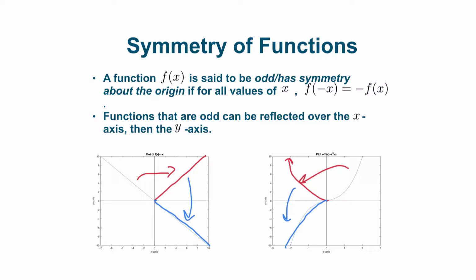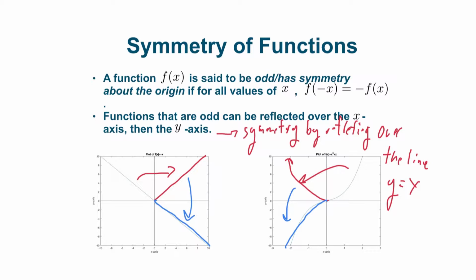Another way to think of this type of symmetry is symmetry by reflecting over the line y equals x.